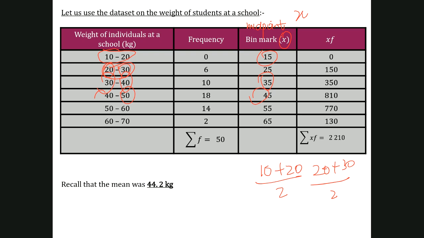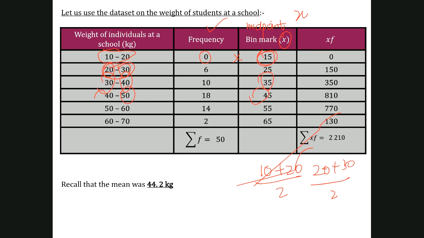And then you have your frequencies that are given to you. And then your mean, which we calculated in the previous session. Remember, your mean is each frequency multiplied by its respective midpoint.